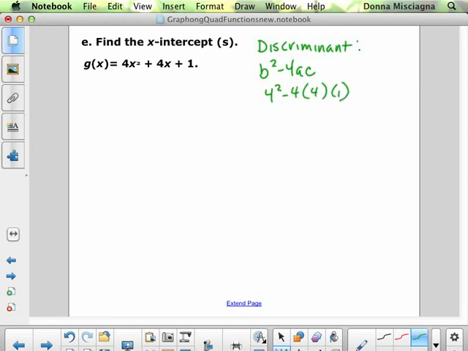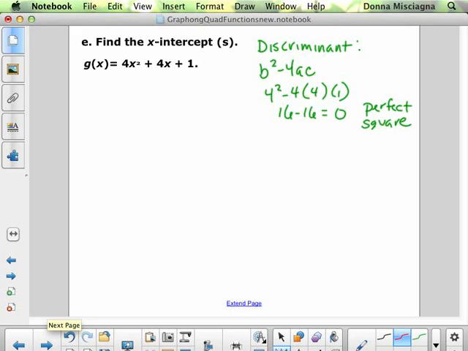Well, that is 16 minus 16, which is 0. And 0 is a perfect square. So it is definitely factorable. And actually, that 0 tells us something special about our x-intercepts. But let's just go ahead and factor, and then we'll talk about what that 0 tells us.